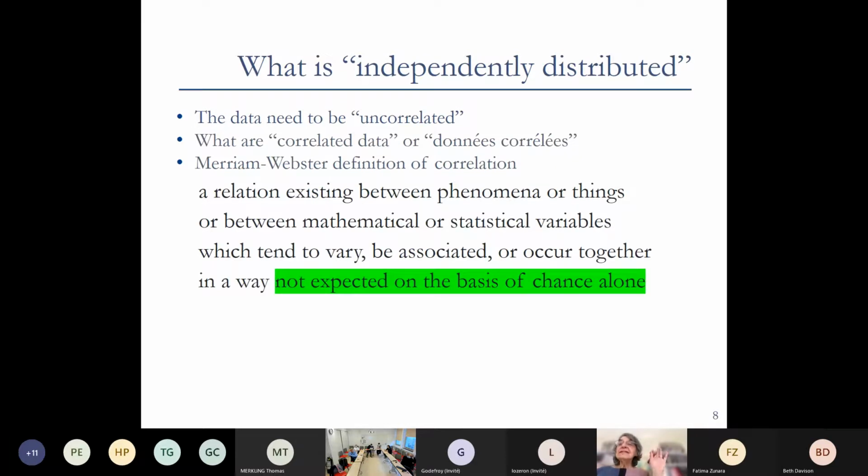So what does independently distributed mean? The data need to be uncorrelated. So what are correlated data?